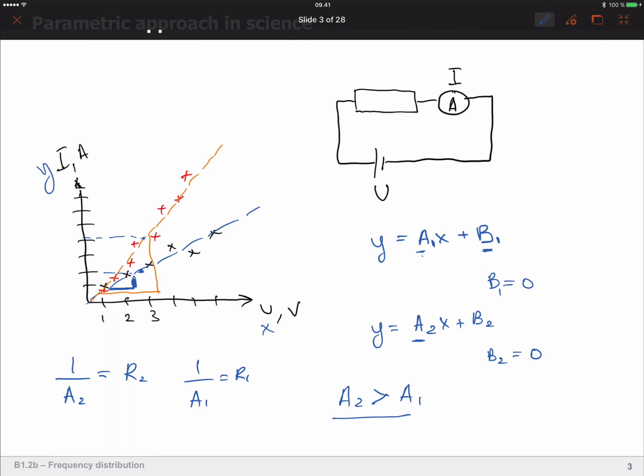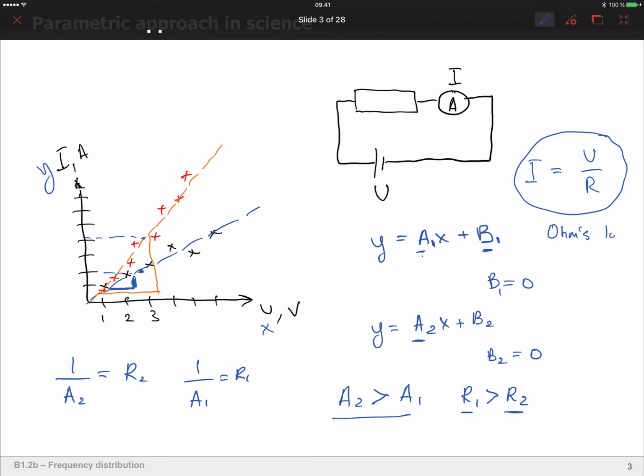So if this is true, you can say that R1 is larger than R2. The resistance of the first metal is larger than that of the second metal. Then you can use all this intuition to get Ohm's law, where I equals U divided by R. The larger R is, the smaller the current is for a given voltage. So this is Ohm's law.